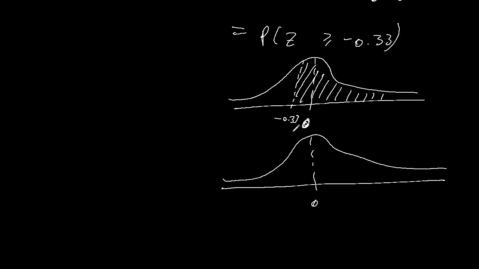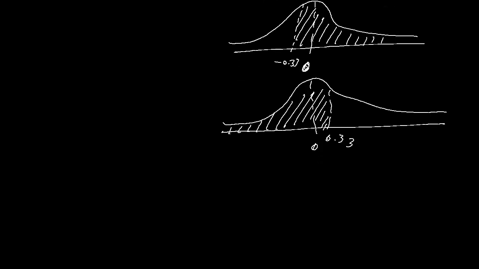This area here, because the curve is symmetric, is exactly equal to everything less than positive 0.33, and therefore we can say that this area is exactly equal to 1 minus P of z greater than or equal to 0.33, because we know the area under this whole curve is 1. So if we subtract this area, then we will get the remainder, which is here.